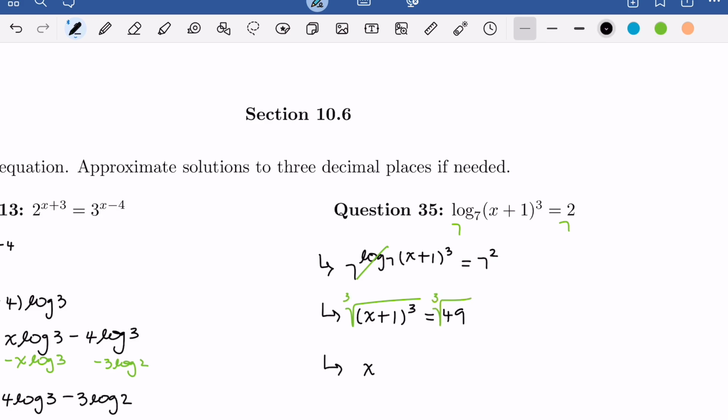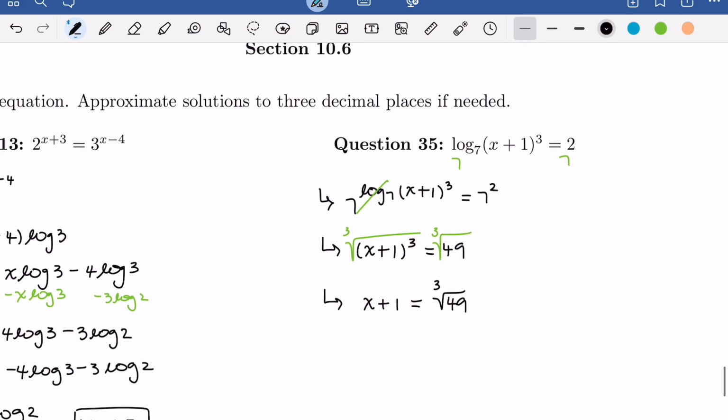We're going to end up with x plus 1 is equal to the third root of 49. And lastly, completely isolating x, we're going to get the third root of 49 minus 1 as our solution in this case. We can plug this into our calculator, and this is going to be approximately 2.659.